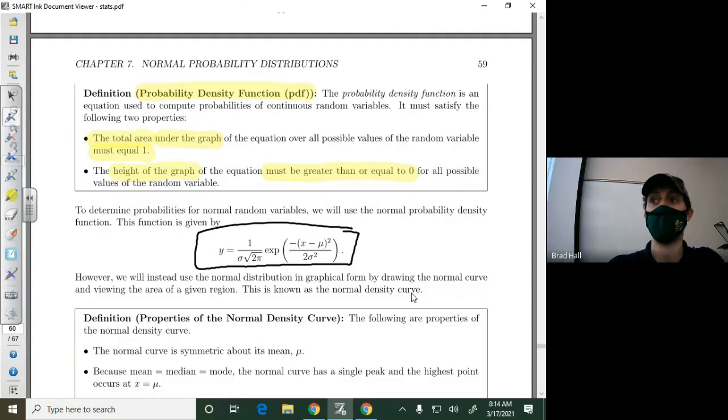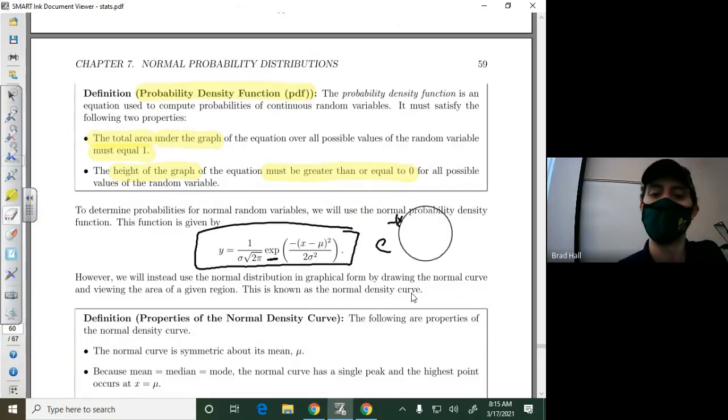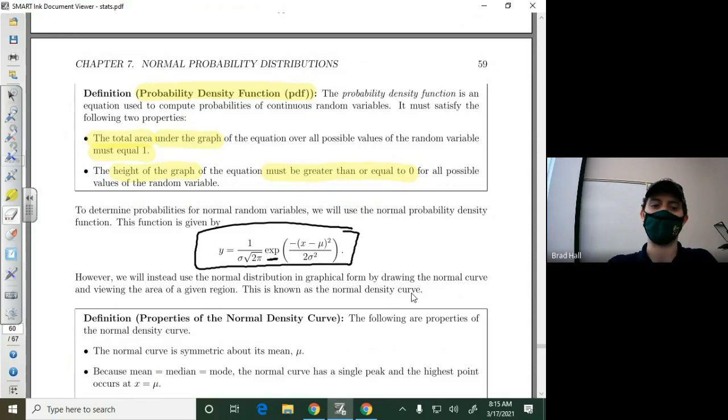We're going to use a much easier way of dissecting this formula. And if you were curious, exp is that little e command in the calculator. E raised to the negative x minus mu squared, blah, blah, blah. But you don't have to know that. I just figured that's more so food for thought, that this is the formula going on behind the scenes, but we don't have to use it.